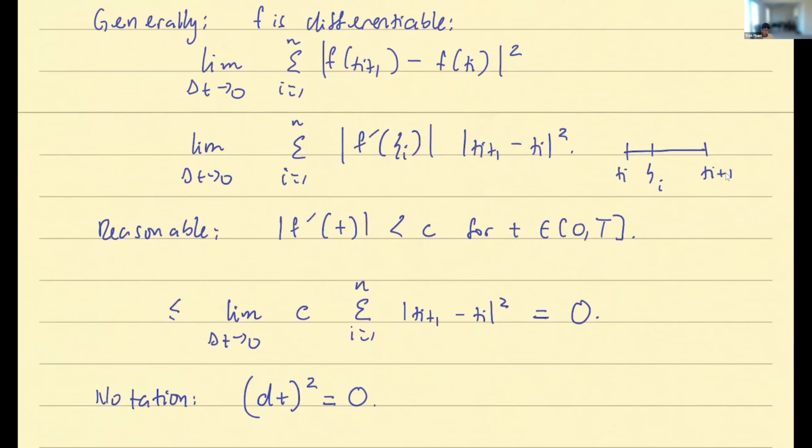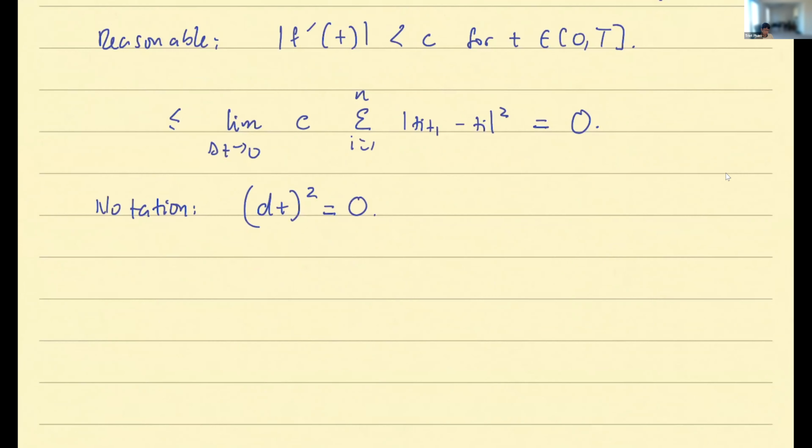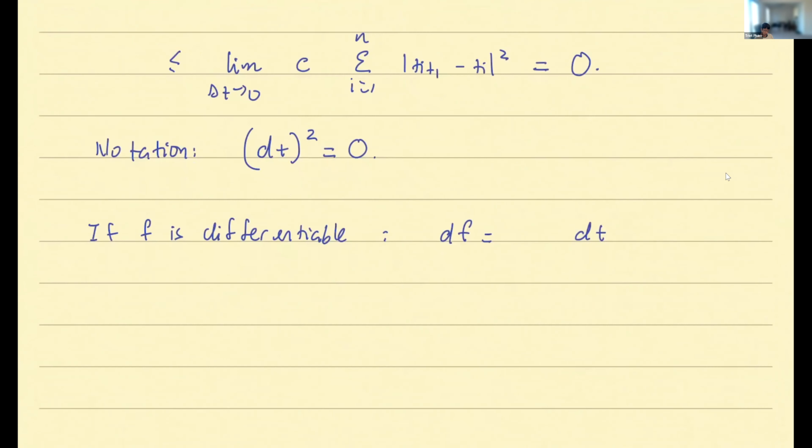And so you see, this notation is quite useful because if f is differentiable, then what is df in terms of dt? df is f prime of t dt.